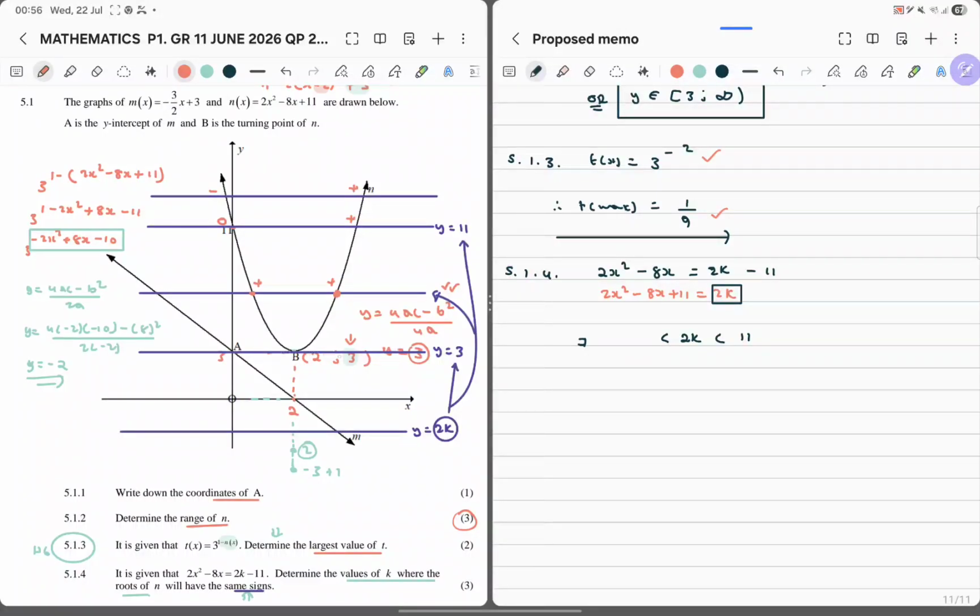And it must be greater than 3, because at 3 there's only one root. Cool. But now we're looking for k, not 2k. So we divide by a positive number. This is 3 over 2 less than k less than 11 over 2.